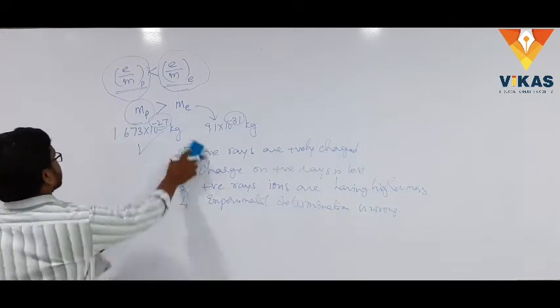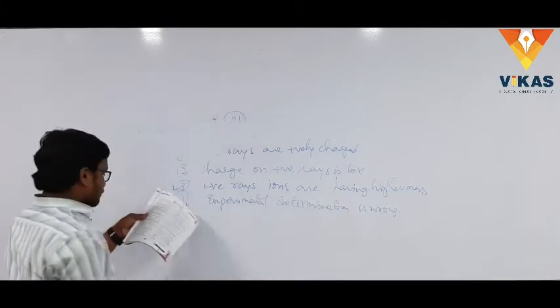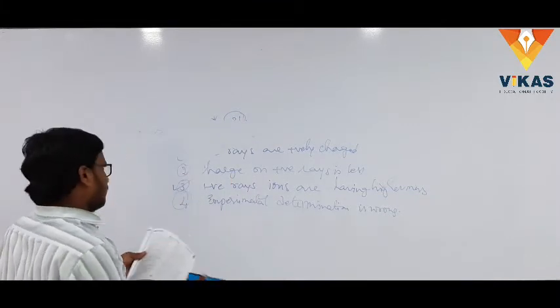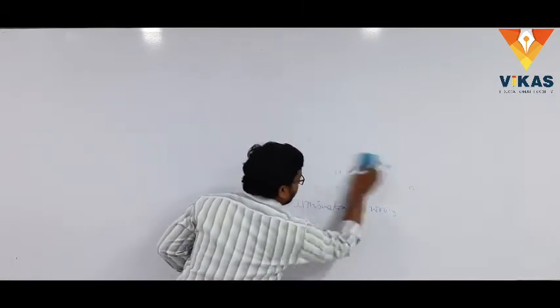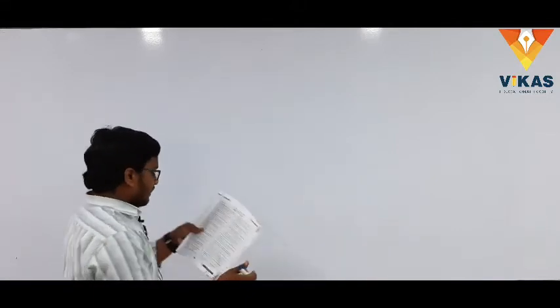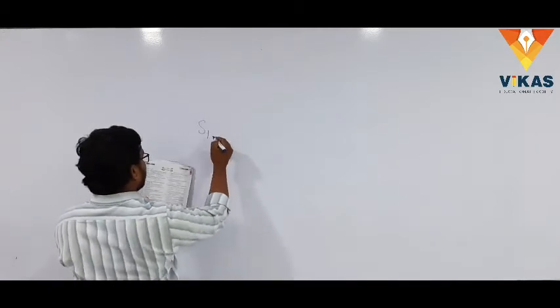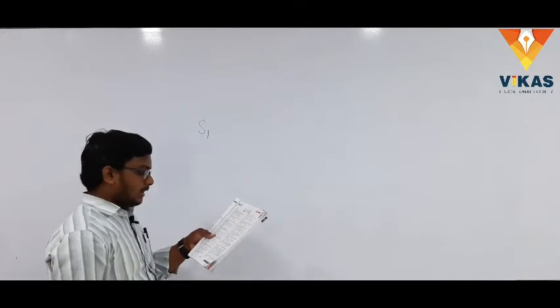So we'll take up the next question. Similar question again they are asking here, just a direct question. So it also comes to the same thing. What they asked: S1 be the specific charge of cathode rays, and S2 be that of the positive ray.